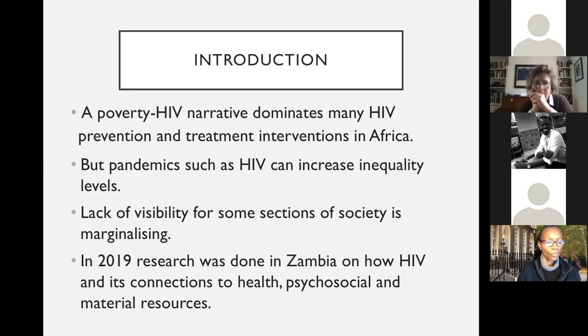People have written, they've done research, they have done studies around the link between HIV and poverty. And we see that a lot of these discussions on HIV have been dominated by this idea of resource constraint, which can be linked to the inequality discussion that I want to focus on today.